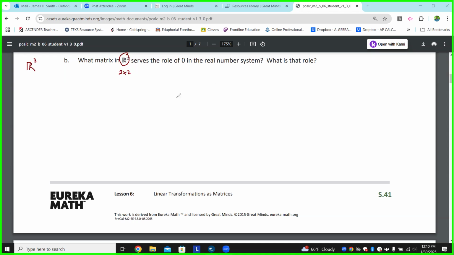So again, what 2x2 matrix would serve the role of 0? Good. 0, 0, 0, 0. When I was grading y'all's lesson 2, maybe lesson 1, a lot of y'all, when you would get the answer 0, just wrote 0. That's incorrect. If you get 0 for every element, it's the matrix.